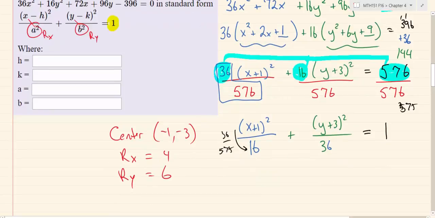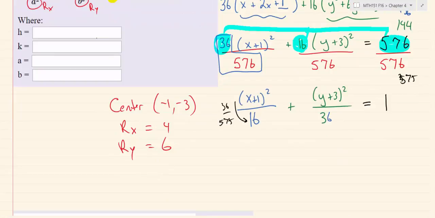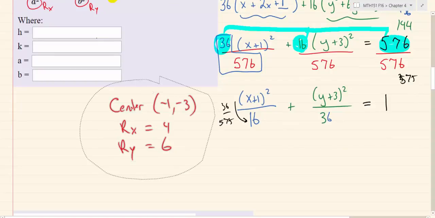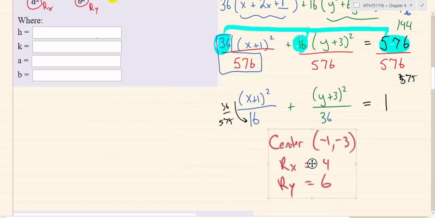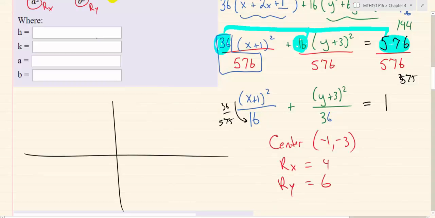So could we draw this? Yeah, I guess we could try. Let's clean this up, put it over there. So here's an x and here's a y. Our center is at negative 1, negative 3, right here. That's our center point. Our radius in the x direction is 4 units.